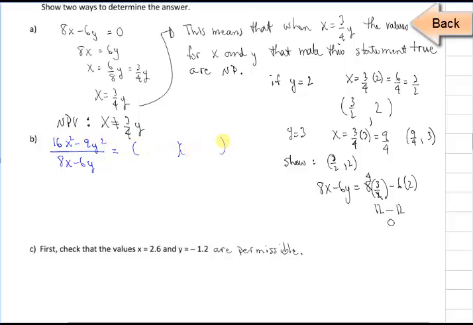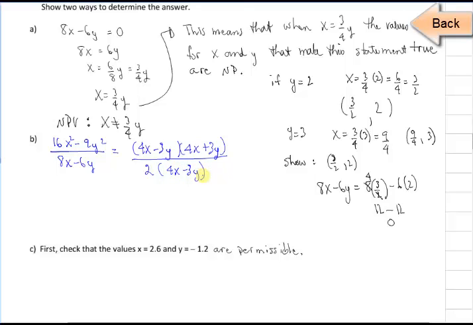So that is going to factor into two binomials, the sum and difference. So you're going to get 4x minus 3y and 4x plus 3y over, and in your denominator you have a common factor which is 2, and you are left with 2 times 4x minus 3y.